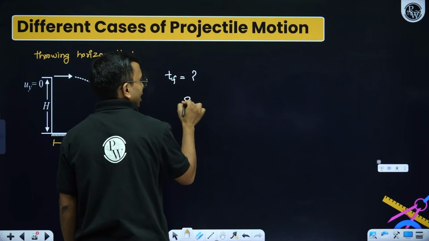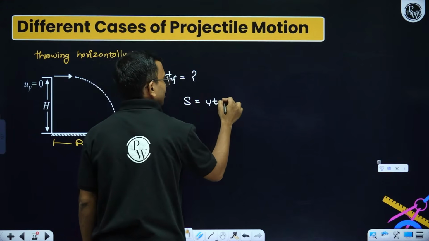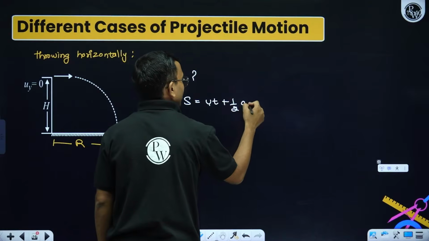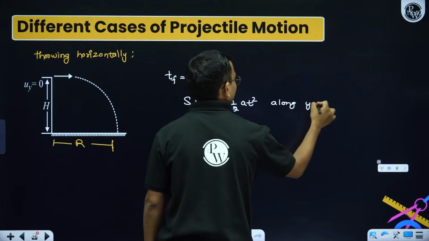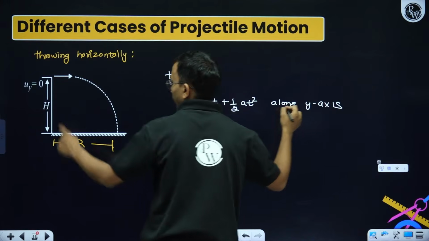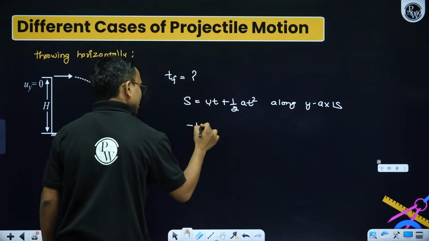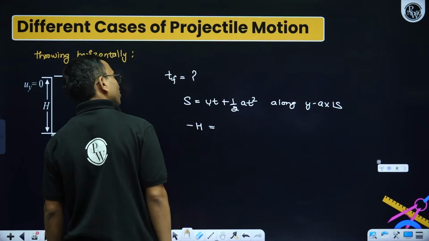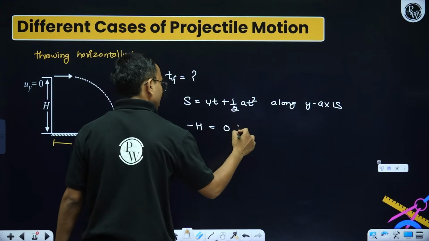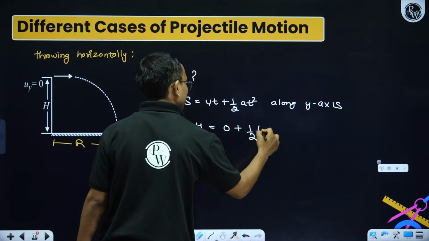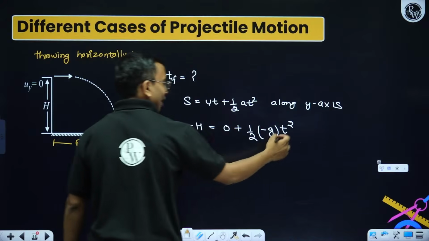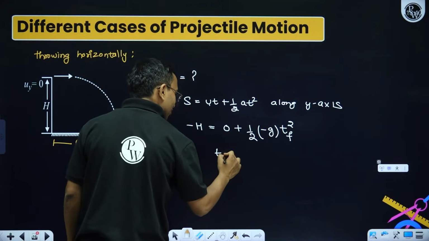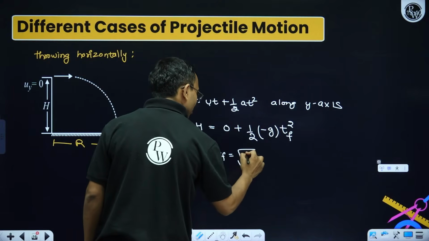I am using s is equal to ut plus half at square along y-axis. Minus h equals, what is the initial velocity along y-axis? 0, plus half acceleration is minus g into t square. T is my time of flight. From here, I got the time of flight as root of 2h by g.